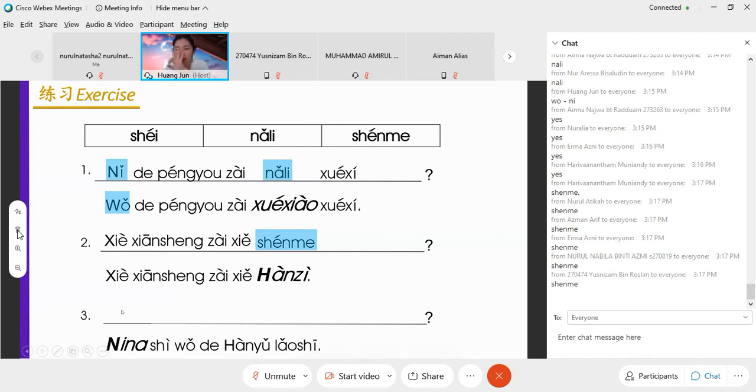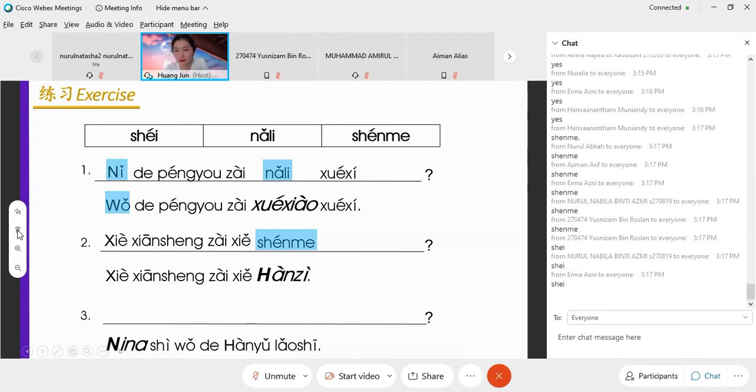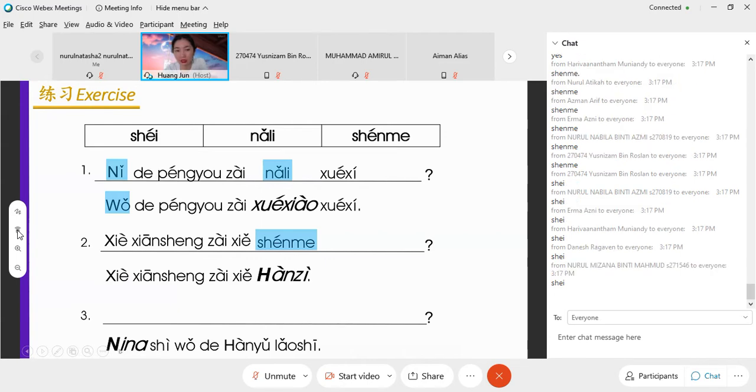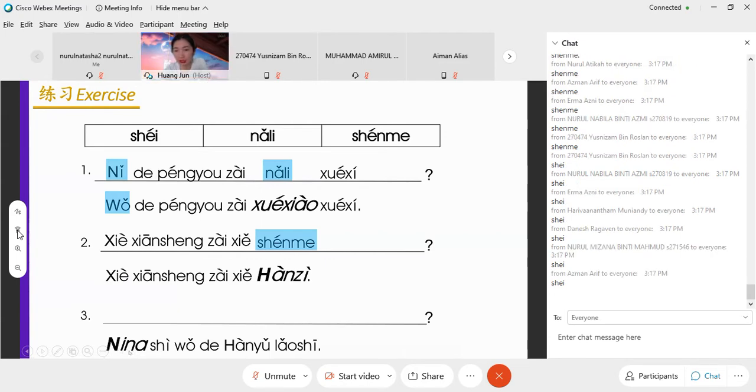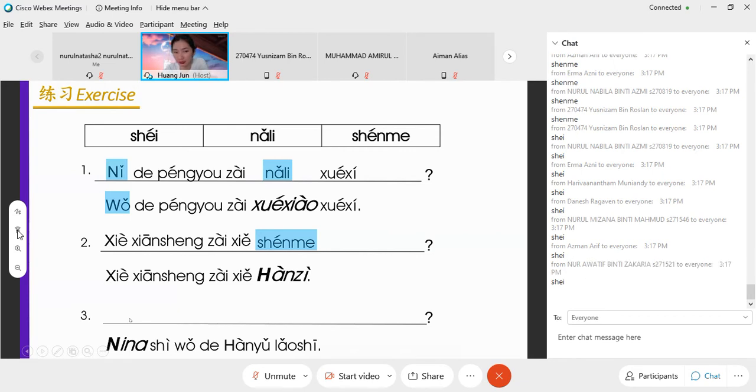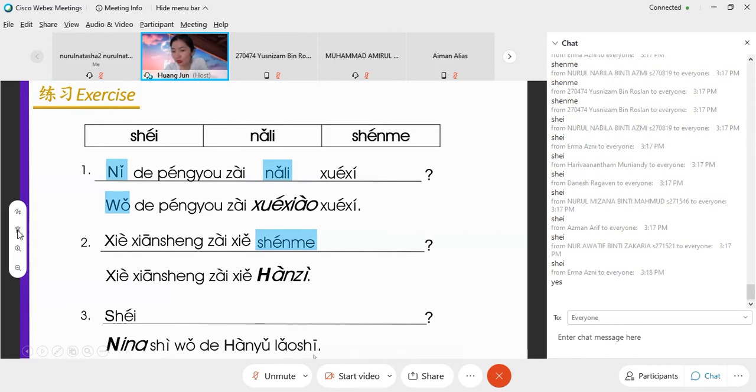Then question 3. You have to ask a question to Nina. Which question word do you use? Very good. Nina is a person, so you use 谁, put it here. Then you check the rest of the sentence. Do we have 我?